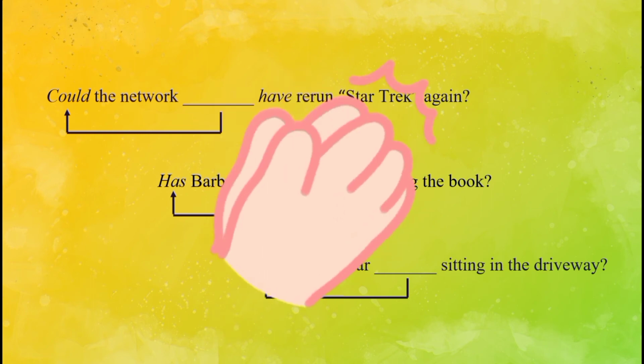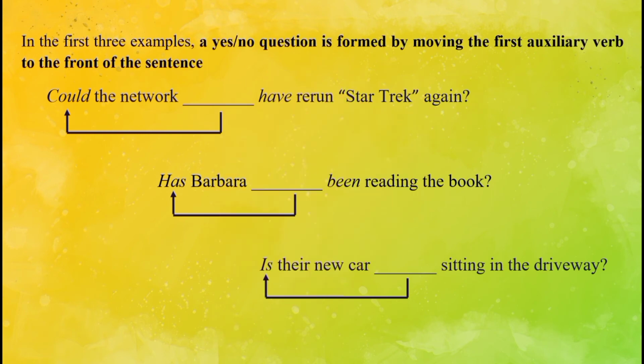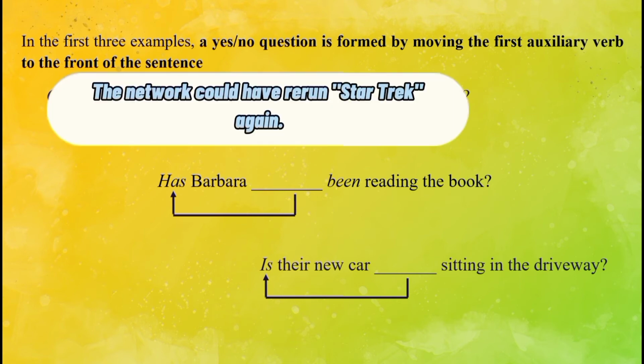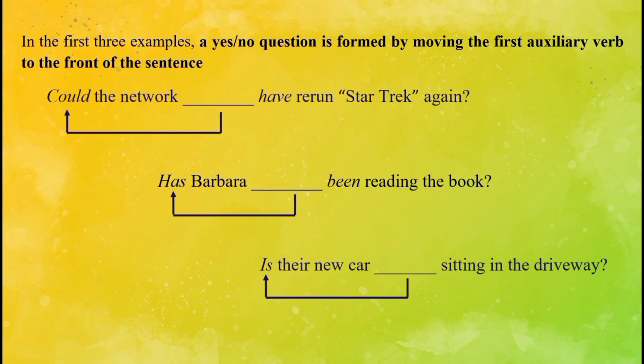Okay, great! If you said that the yes or no questions here are formed by moving the first auxiliary verb to the front of the sentence, that is correct. As we can see, the questions were formed by moving the first auxiliary verb of the declarative sentence to the front. For example, from the network could have rerun Star Trek again to could the network have rerun Star Trek again?